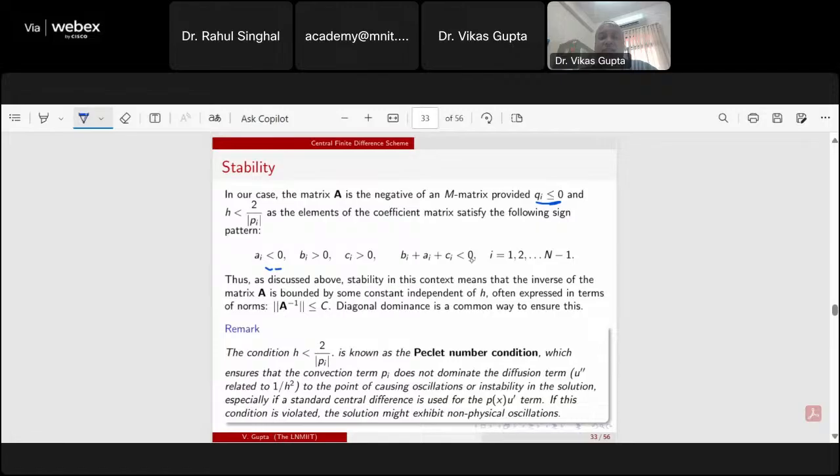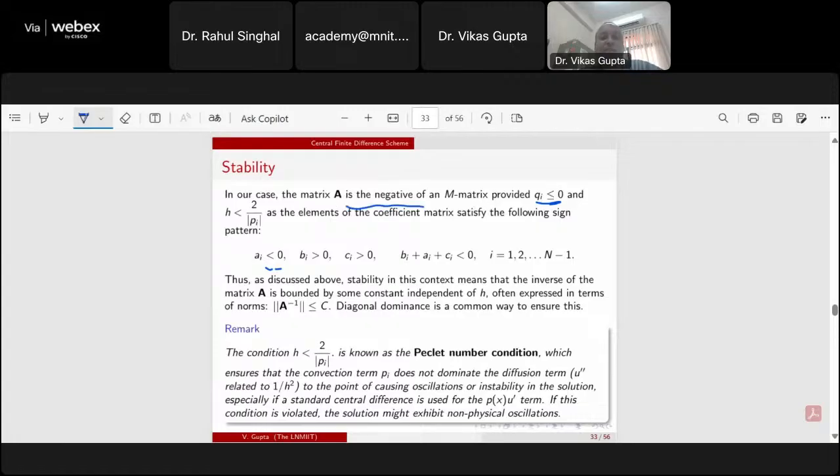That is for the given matrix A. If you consider matrix minus A, then Ai is greater than 0, Bi will be less than 0, Ci will be less than 0, and Bi plus Ai plus Ci will be greater than 0. That is, matrix minus A is irreducible diagonally dominant. So that's why in our case matrix A is the negative of an M matrix.